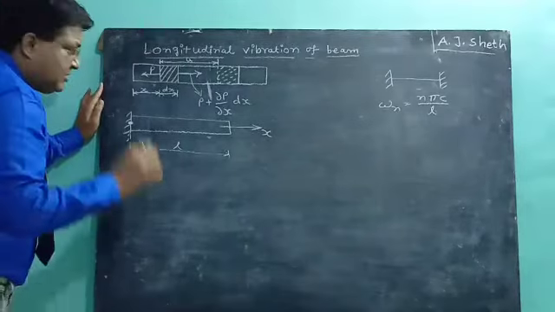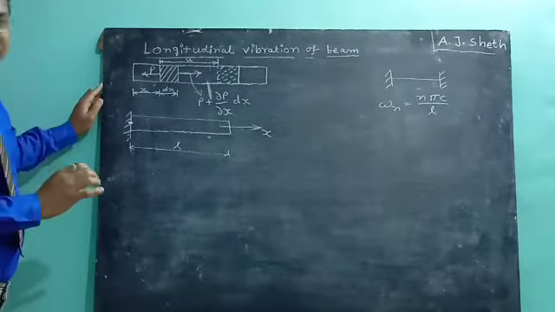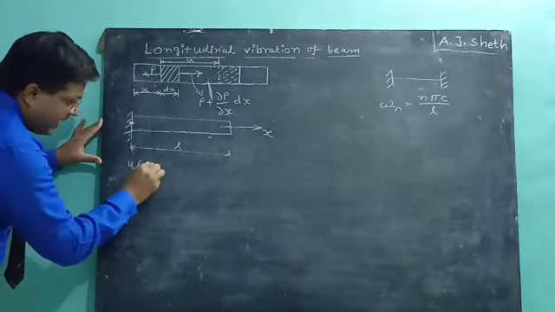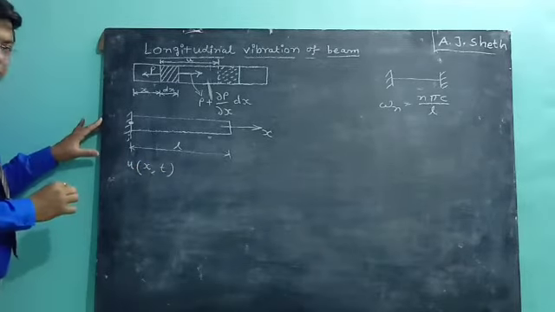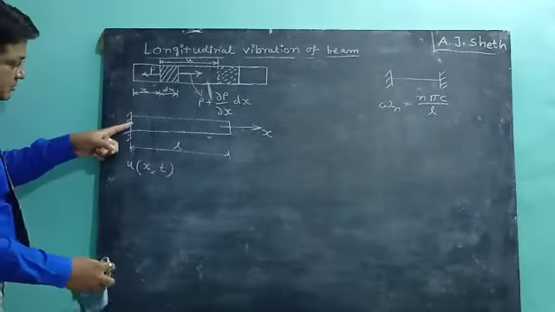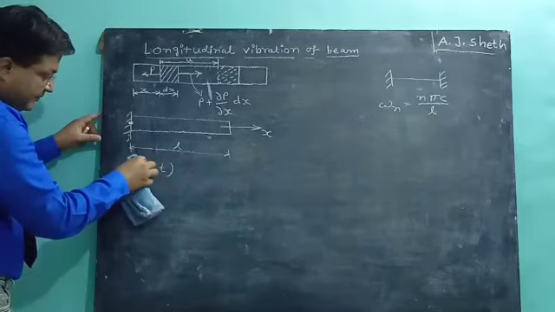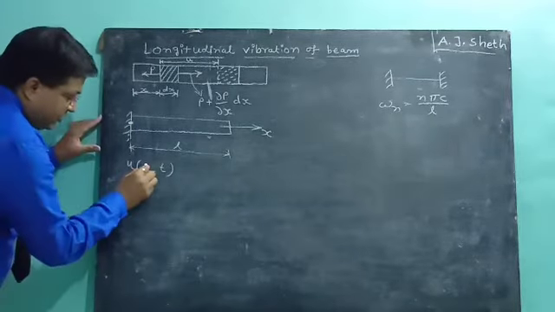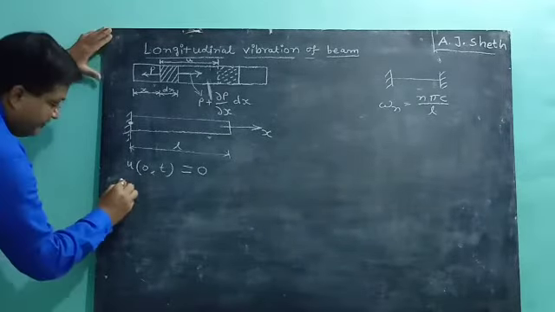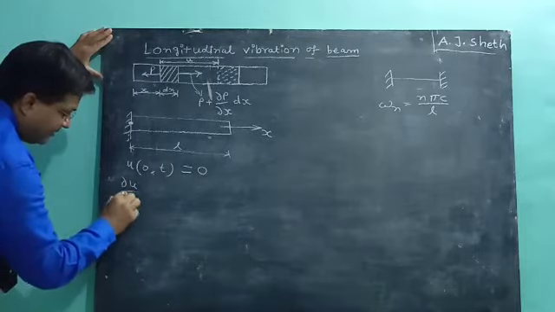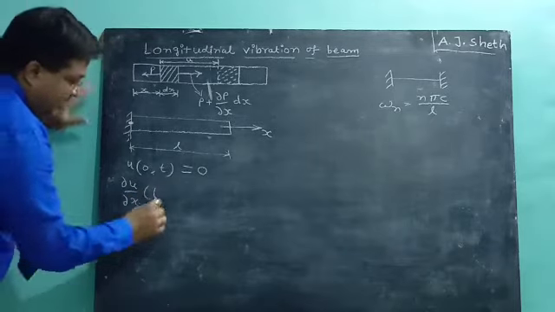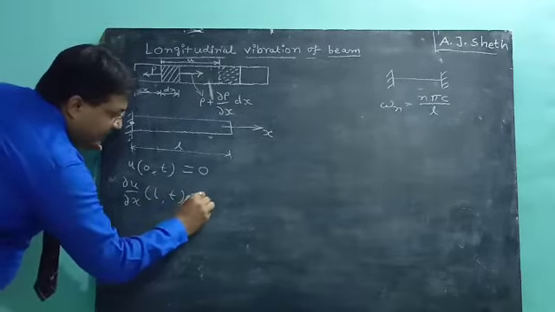Now, first of all we should know the boundary conditions. The first boundary condition is u(x, t): if instead of x we put 0, that means at the fixed end, u(0, t) we have 0 displacement, and the slope at the other end, del u by del x at length L, time t, is also 0.